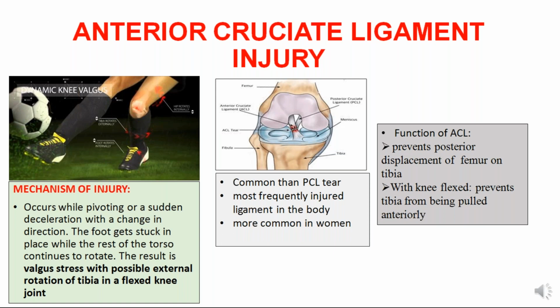Now, this individual is pivoting. That means he is suddenly balancing his weight, his posture. Why so? Because there is a sudden deceleration with a change in direction. So whenever there is pivoting, because of the sudden deceleration with a change in direction, the foot obviously is stuck in place.